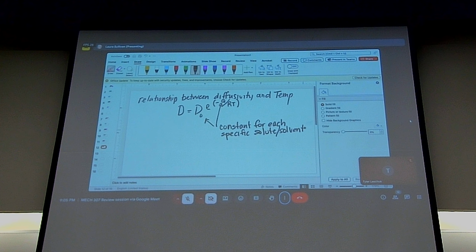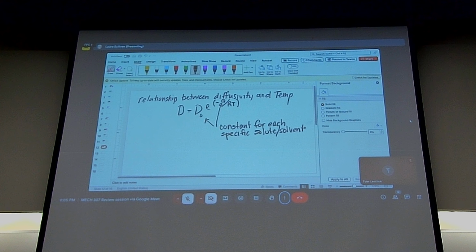So there's a value for D0 and Q for carbon and iron, which we've been using for carburization, but all pairs have their own unique values for Q and D0. And this equation says, okay, we have these things that are constant for a pair.